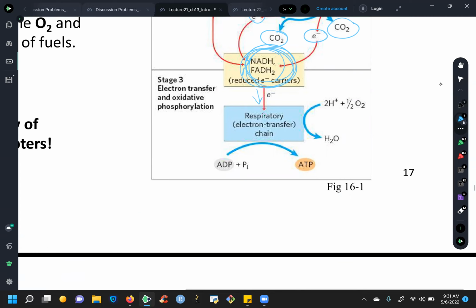So by them donating those electrons, we're going to start the flow of electrons, which provides energy to pump those protons across the membrane. And then we'll talk about that later, but basically you also have your 2 hydrogens plus half of an O2, and that will create water. And you're going to be making ATP.